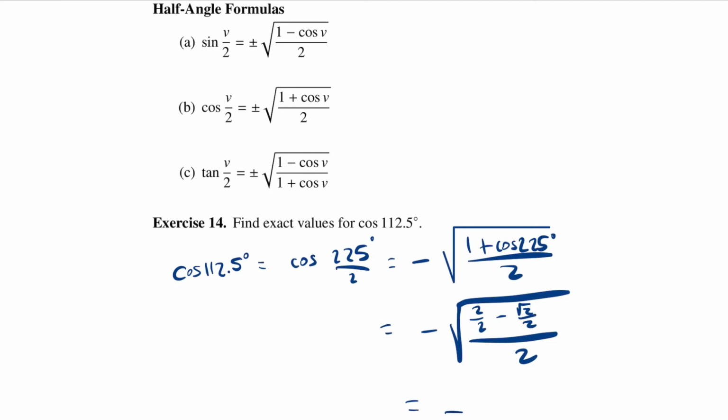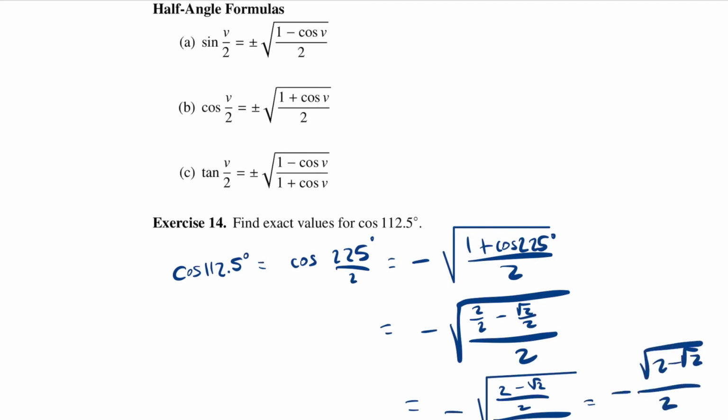So now you're going to have the square root of (2 minus radical 2 over 2) over 2. Well, you multiply these two denominators, that gives you 4, and then the square root of 4 is 2. So you end up with negative the square root of (2 minus radical 2) over 2, and that is it.